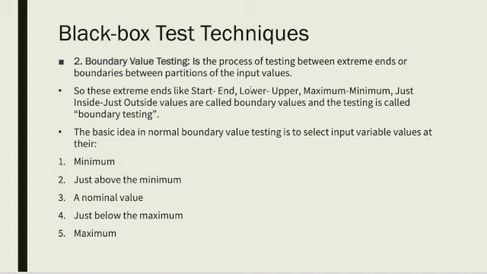It's also related to equivalence partitioning, in that in boundary value you talk about minimum and maximum, and also in equivalence you talk about minimum and maximum. That's how it is related. But in boundary value, you do more. It's not just equal partitioning. Here you are talking about values just above the minimum, values just below the maximum, and nominal value.